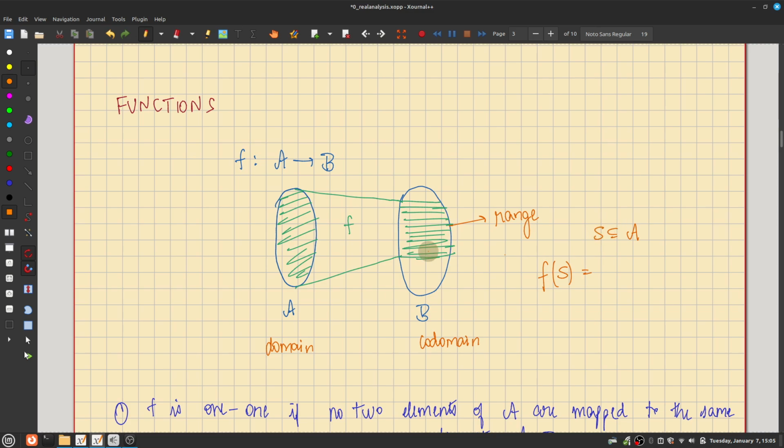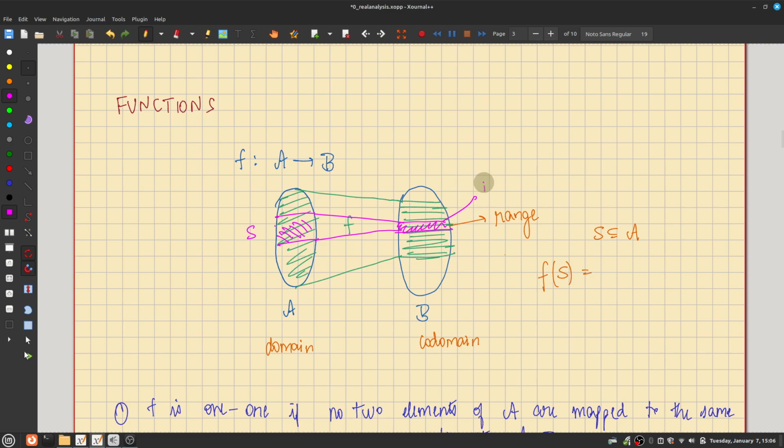And for any subset of the domain, let's say that I have some particular subset S. If you look at the set of all points that f maps to, these points could be mapped to some other subset of the range.